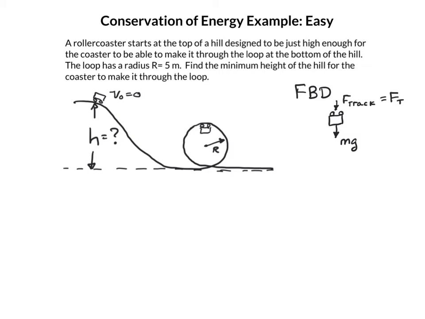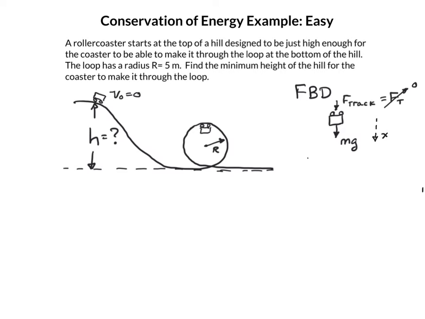Now, in the barely-make-it-through case, this force is going to be 0. So there's no force needed from the track to keep it in circular motion. All the circular motion comes from that mg. Again, we only have one direction that we care about. I'll just say x direction, positive down.